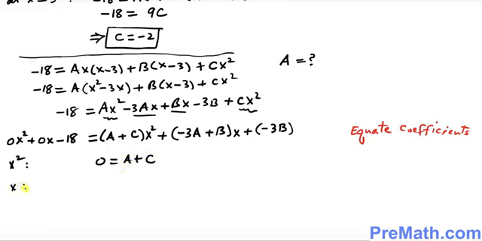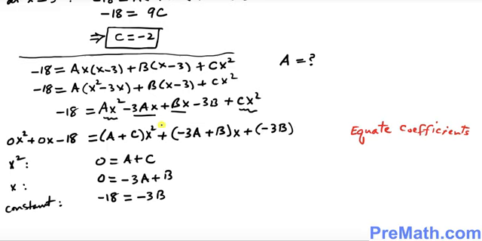How about for x? It's going to become 0 equal to negative 3a plus b, and finally for the constant term, what you got? Negative 18 equal to negative 3b.